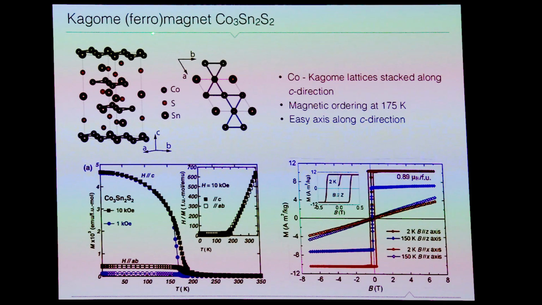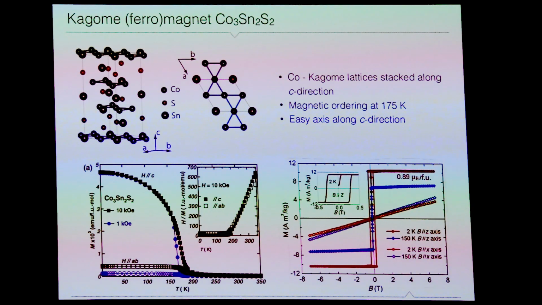I put the ferromagnetic up here in parentheses because right now there is a discussion ongoing whether it's purely ferromagnetic or if you have a contribution from some in-plane antiferromagnetic order. But for the picture I'm drawing, I simply assume it's a ferromagnet, so the cobalt moments will be pointing along the C direction.